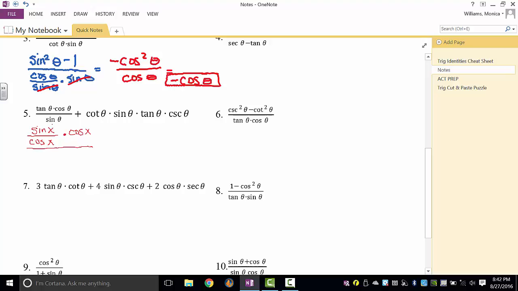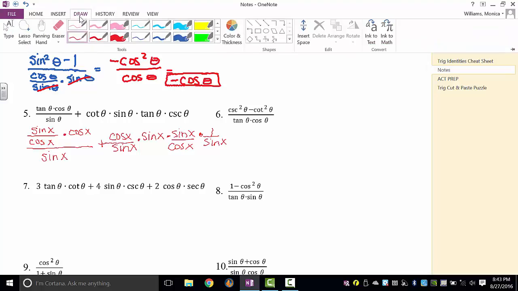Again, don't change cosine, don't change sine. Cotangent is cosine over sine. Don't change sine. Tangent is sine over cosine. And cosecant is 1 over sine.